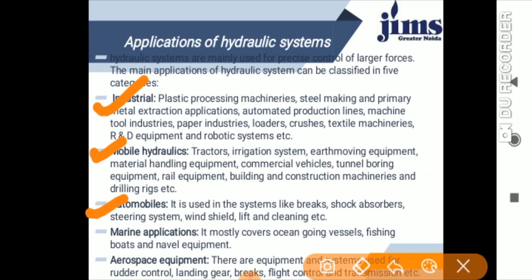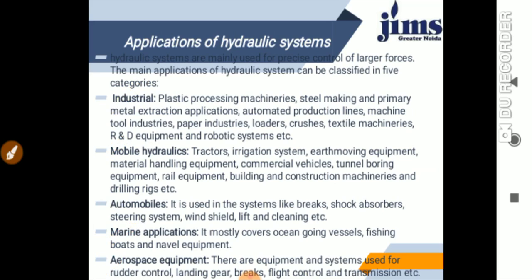Now we're talking about the marine application. It mostly covers ocean-going vessels, fishing boats, and naval equipment. And at last we are talking about aerospace equipment.